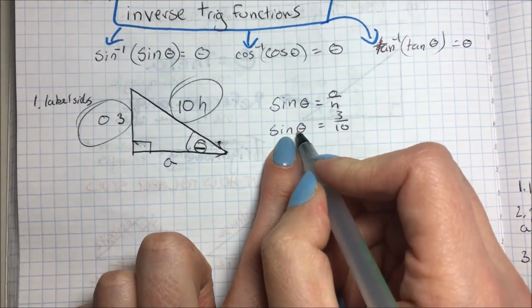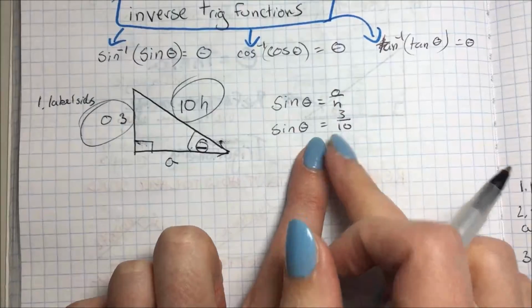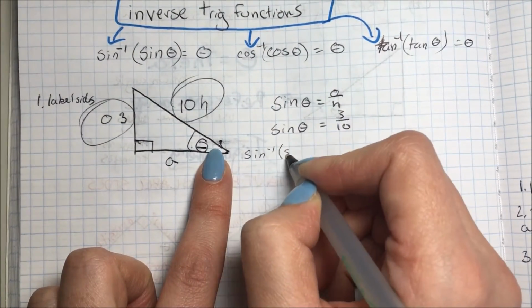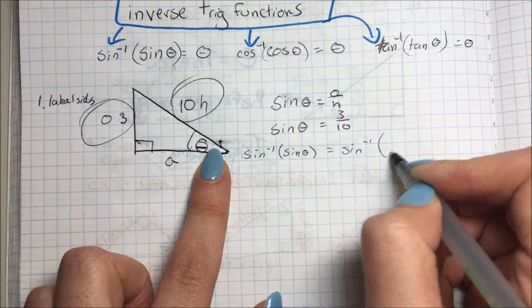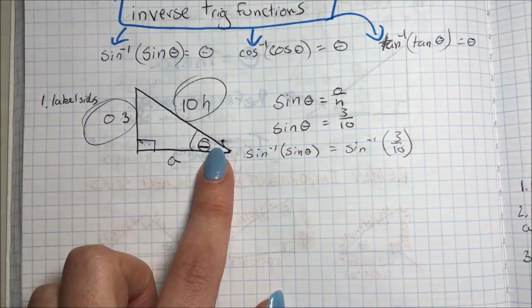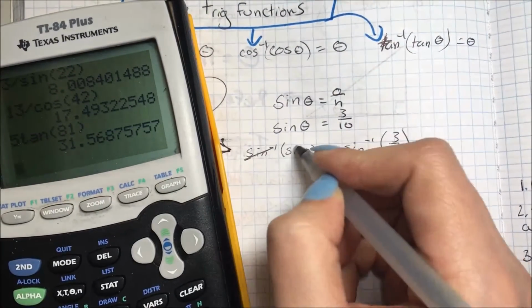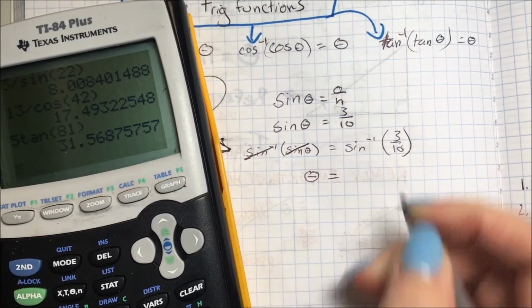Now, I want to undo sine. So if I'm doing the opposite of something, I need to do it to both sides of the equation. So I'm going to do sine -1 of sine theta and sine -1 of 3/10. And this is where my calculator comes in. The sine -1 and the sine cancel on the side, leaving me with just theta.